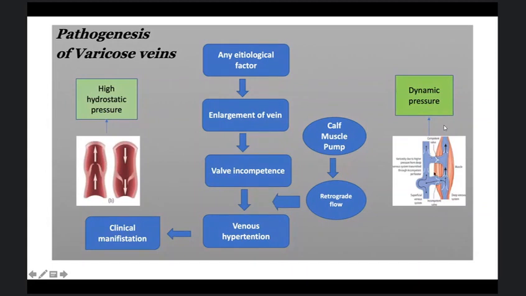Dynamic pressure applied by the muscle will push more blood from the deep system to the superficial system through the incompetent valves, through the incompetent perforators. All these will lead to venous hypertension, and to clinical manifestations of varicose veins.